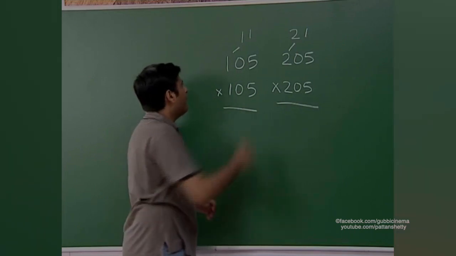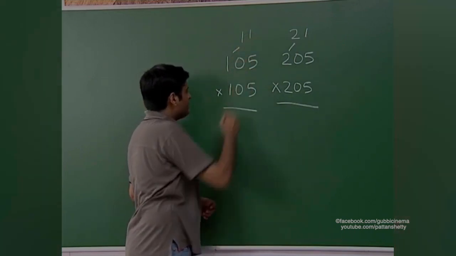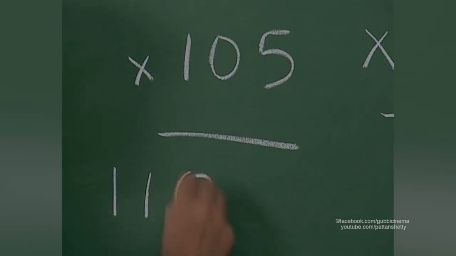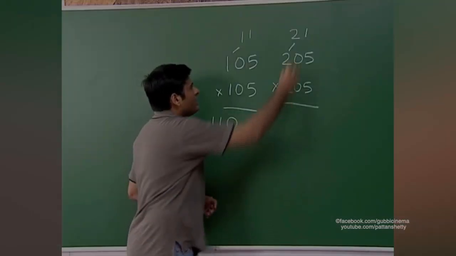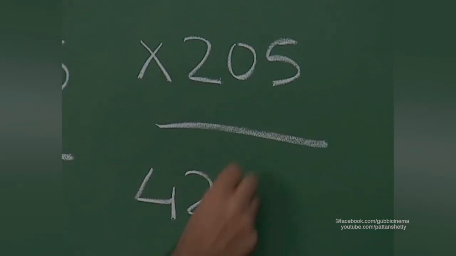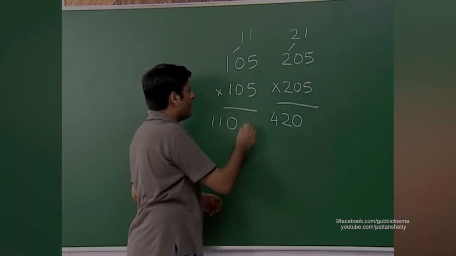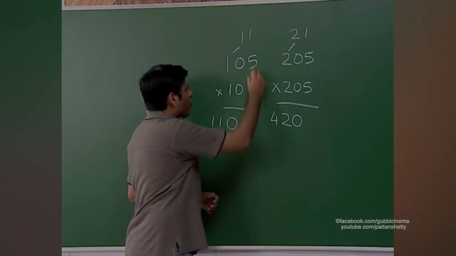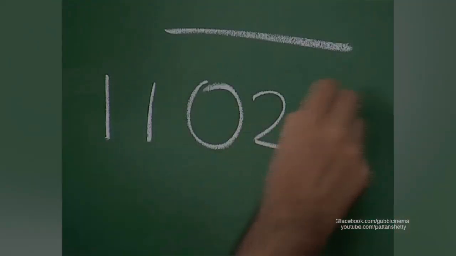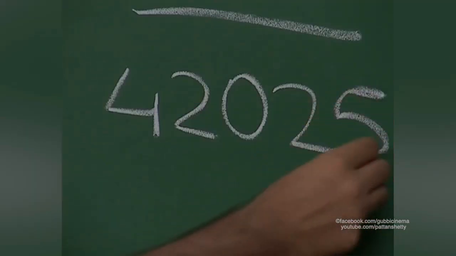Technique says multiply these two numbers and put the result here. So 11 times 10 is 110. Similarly, 21 times 20 would be 420. And last, as I said, we multiply these two numbers and put 25 here. So 5 5s are 25.